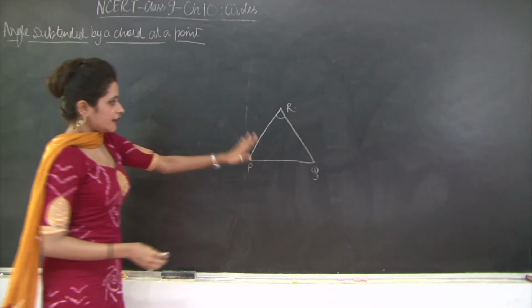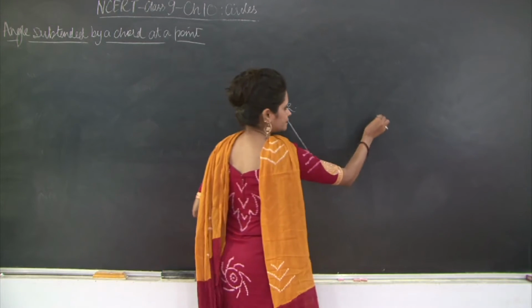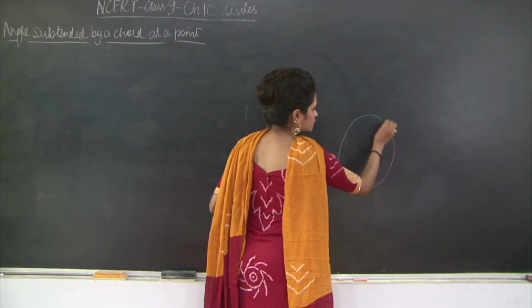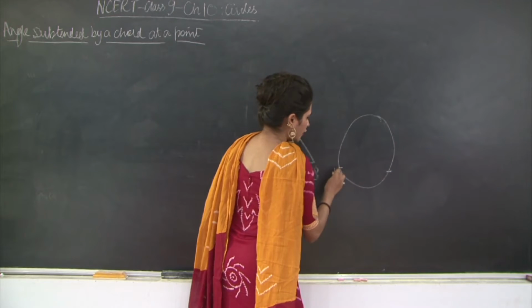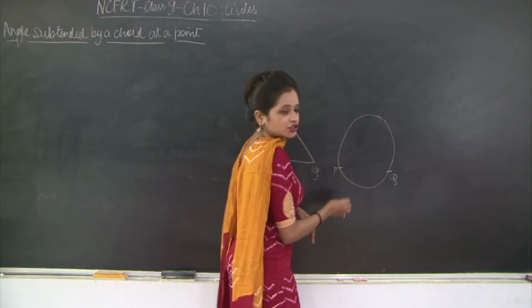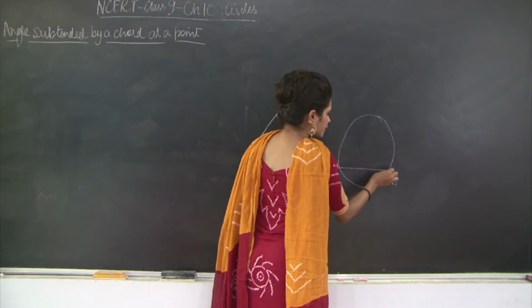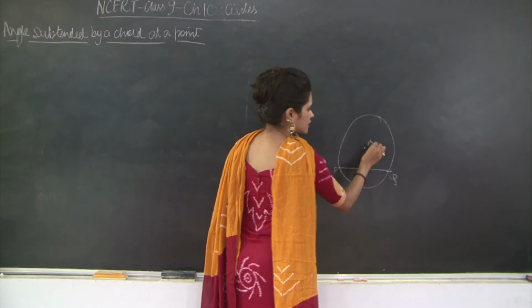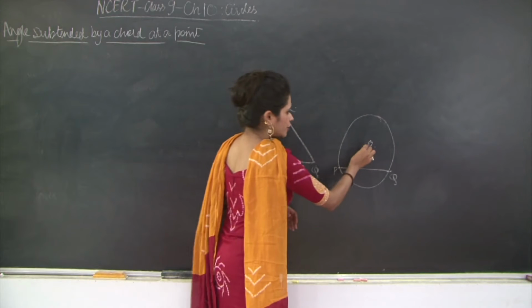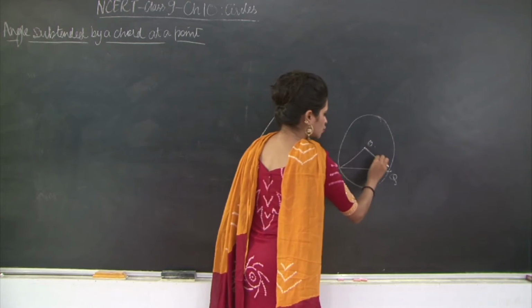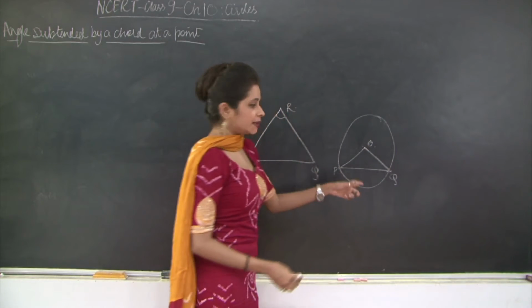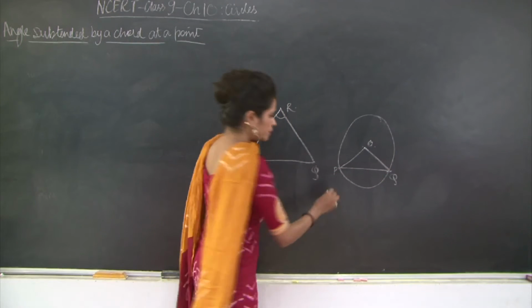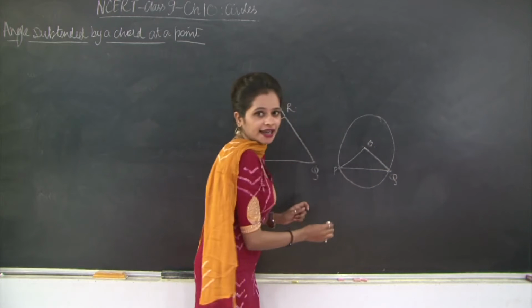Similarly, now if I take a circle, so I have my circle, I mark 2 points P, Q and I draw this chord out here. O is, let's say, the center of the circle. So when I join O to P and O to Q, I have angle POQ subtended by chord PQ, and this angle is subtended at the center.